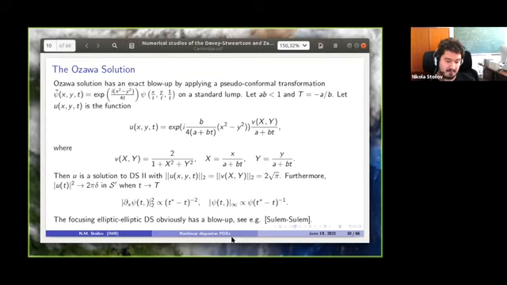And now the interesting point was that the blow-up rates that you obtain via the Ozawa solution are not the ones that you would expect from NLS. So the question that we wanted answered is: is the Ozawa solution somehow special? Is this because of some strange mechanics that this particular exact solution has these blow-up rates, or is this generic?